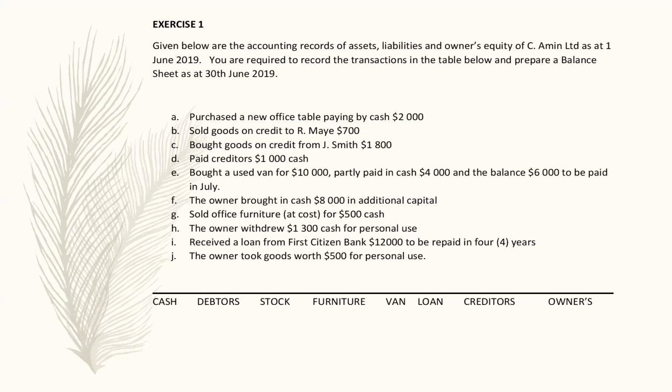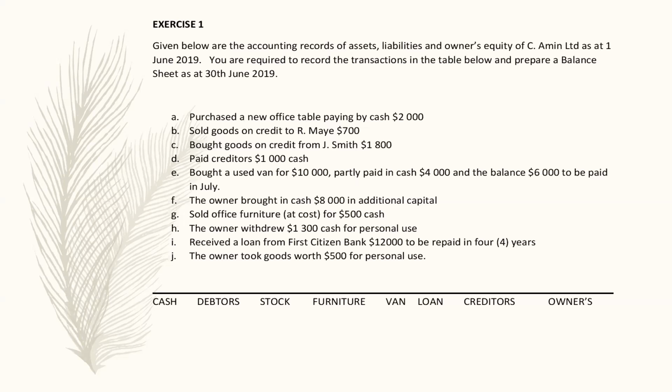Under your stock column, plus $600. Under your office furniture, plus $1,500. Under your van, you put plus $10,000. Under your loan, you have plus $12,000. Under creditors, you have $6,800. And under owner's equity, $6,200.